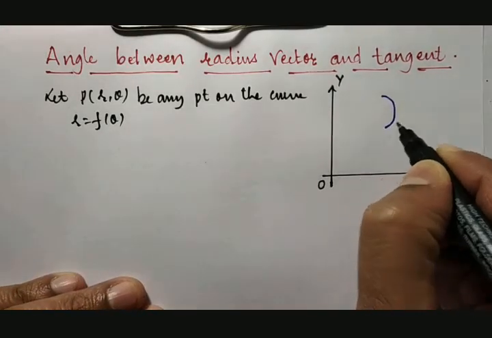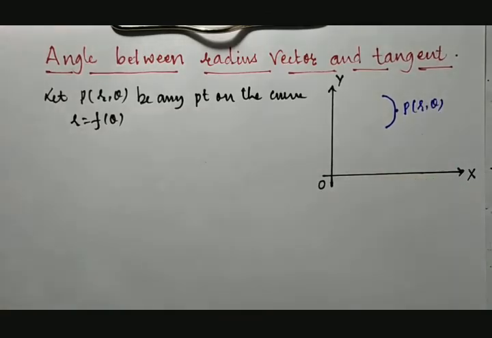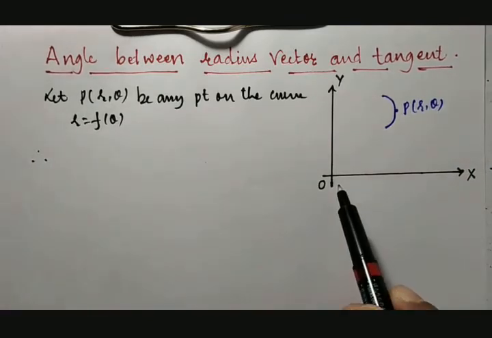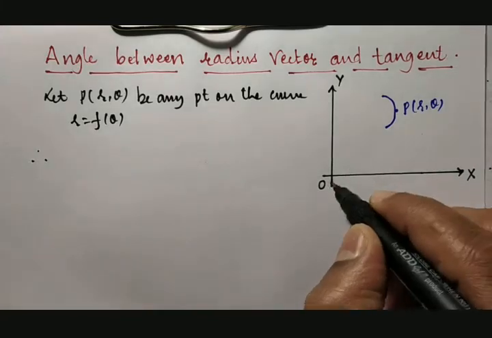So in this I'll be taking one point P of r and theta. Since it is x, O and P, let me join this point from O to P.